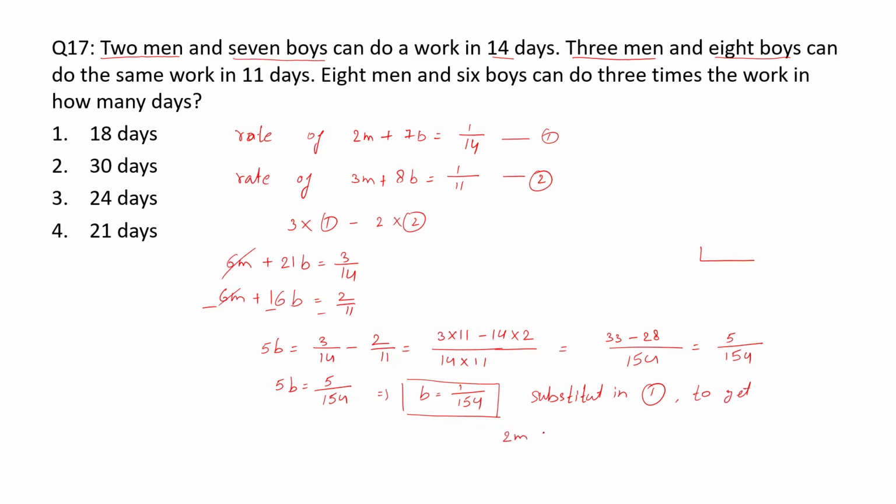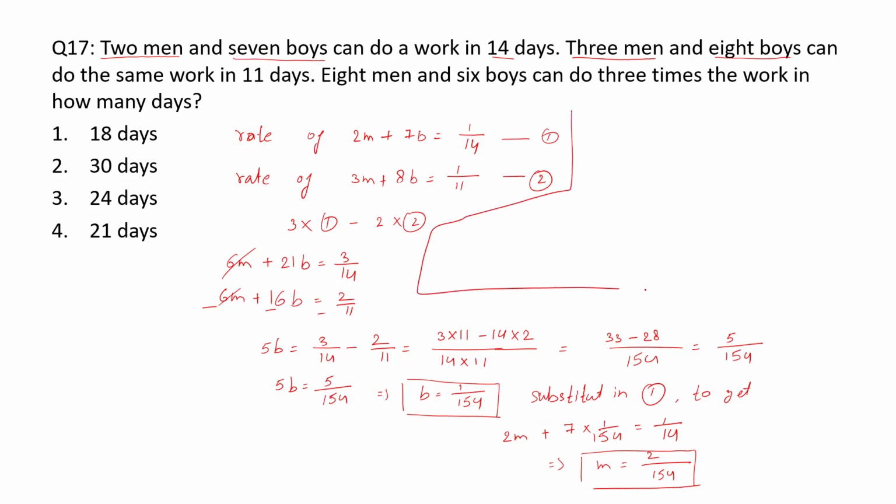So 2m plus 7 into 1 upon 154 is 1 upon 14. Do this manipulation, and you will have m equal to 2 upon 154.